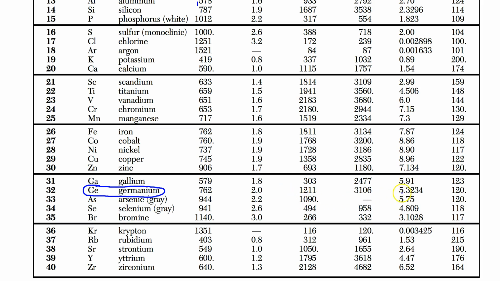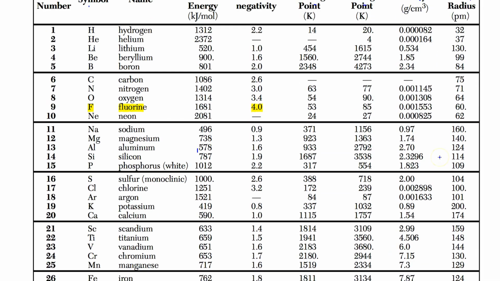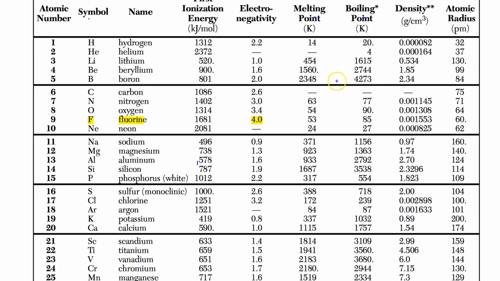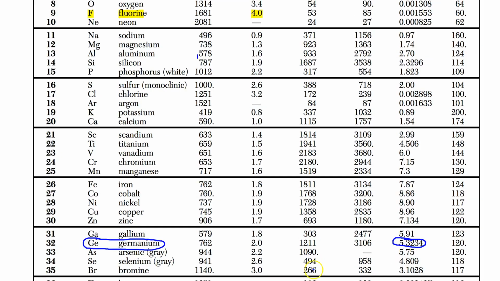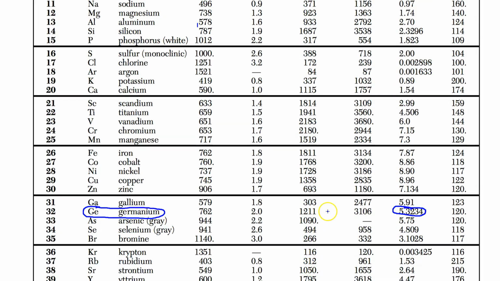And its density is 5.3234. And its melting point is down here. So its melting point is 1211, and of course that's in Kelvin. Let's see if that matches up in our table information in the question. Go back to the question.